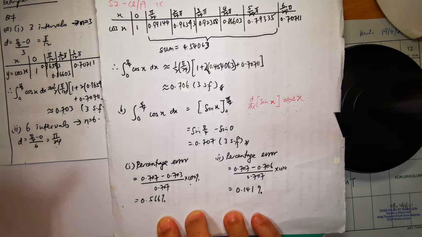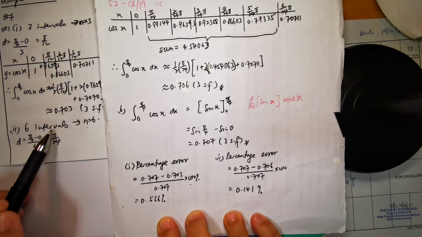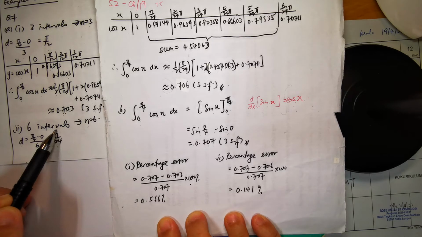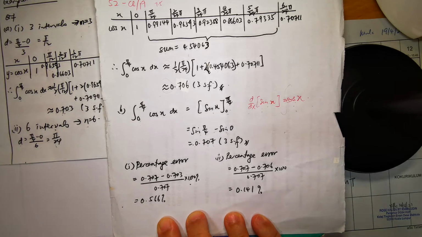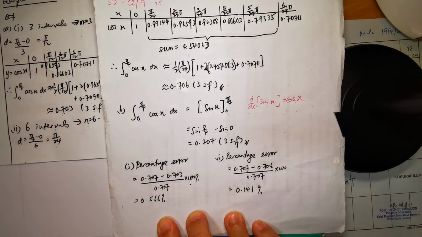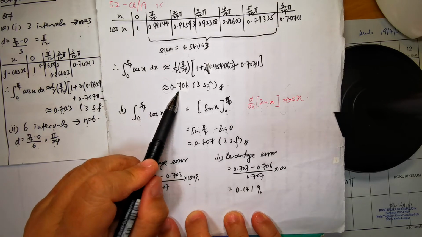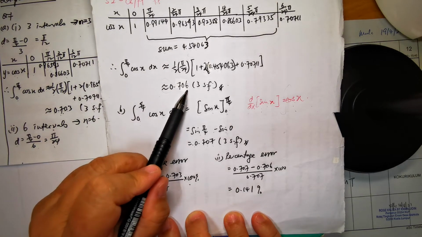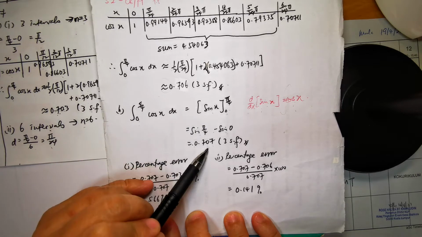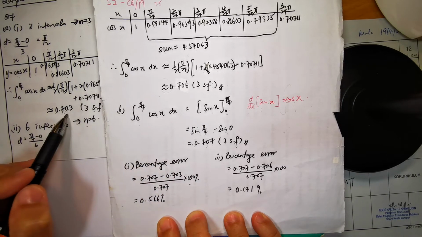So for the second answer, we divide into more intervals. Remember the concept we learned: when we divide into more intervals, the answer is supposed to be more correct, closer to the actual answer. And it's true, you see? If we divide it into 6 intervals, the answer we get is 0.706. It's even closer to the actual one compared to the 3 intervals.